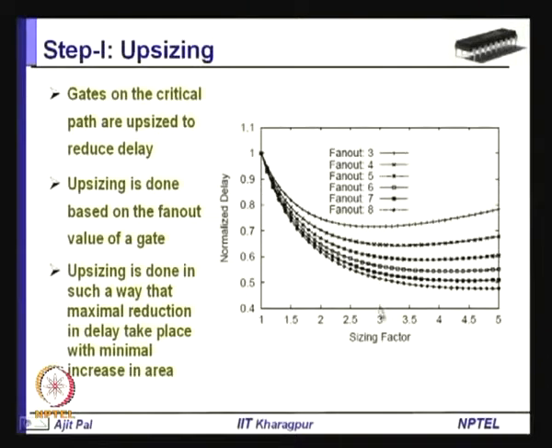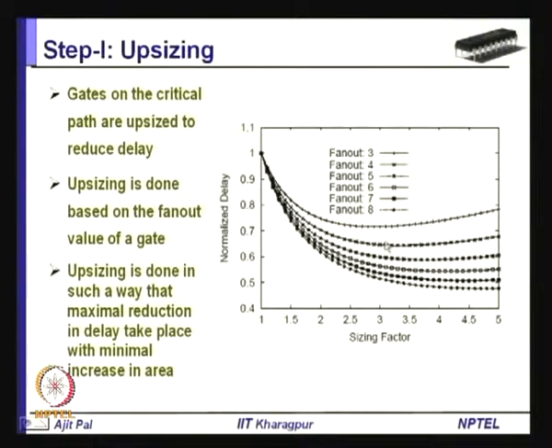If you increase the size 3 times, that means make the width 3 times wider, the reduction in delay will be 0.5 when the fan out is 8, compared to a reduction of only 25% instead of 50% when the fan out is 3.